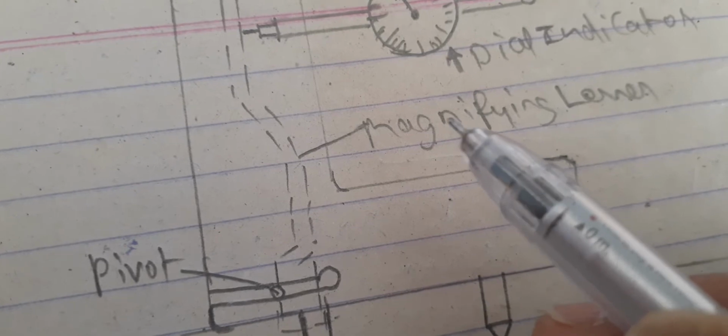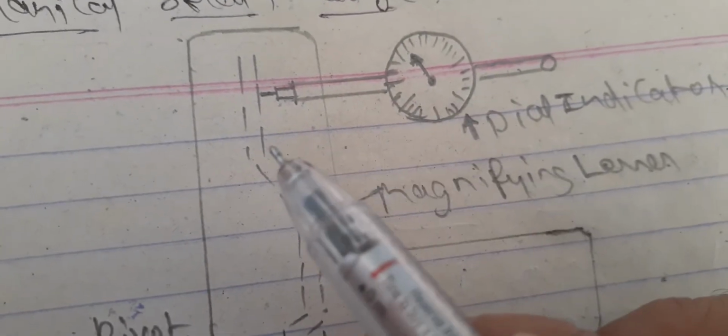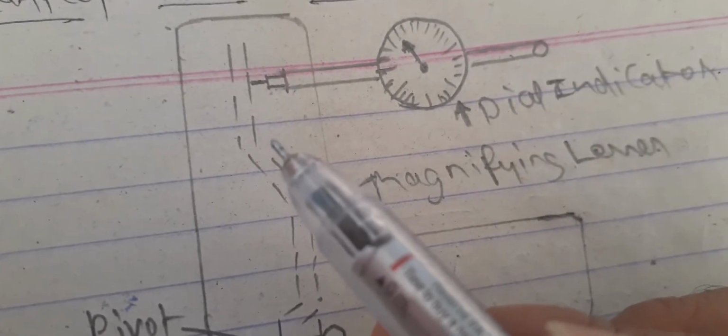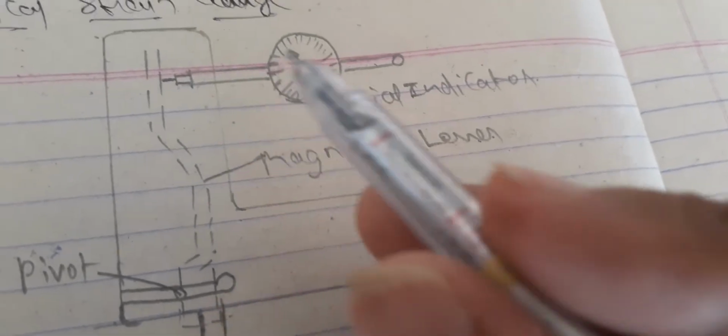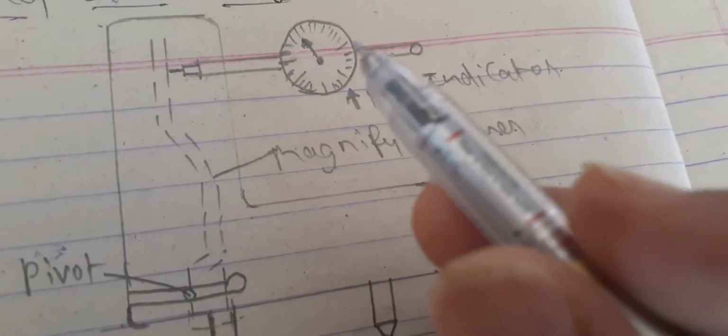The magnifying lever, which is connected to this gauge point, in turn gives the input to the dial indicator, and the readings are taken.